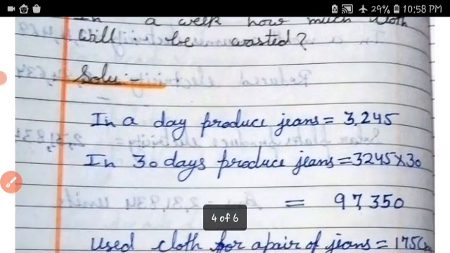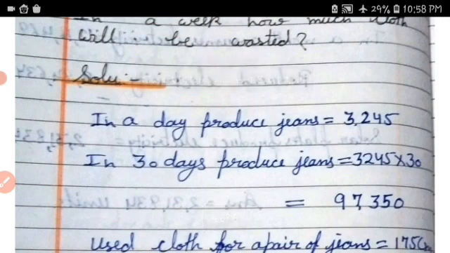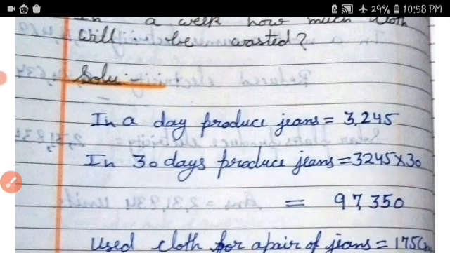In a day it produces 3,245 jeans. In 30 days it produces 30 multiplied by 3,245, so 97,350 jeans are produced in 30 days.